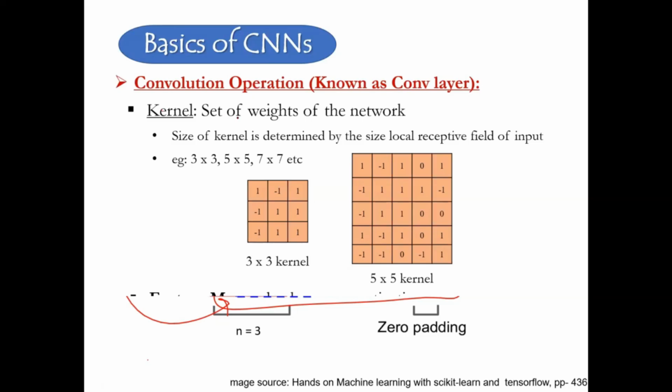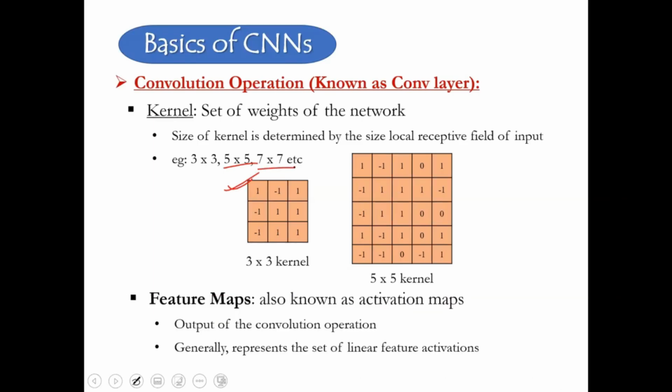The size of the kernel is determined by the size of the local receptive field of the input. If we are interested in a receptive field of 3, we will define a kernel of 3 by 3, and we can also have 5 by 5 or 7 by 7. The kernel will have a set of values, but we don't know what the values will be.